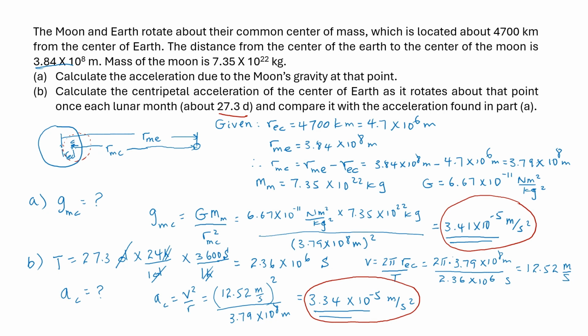So the centripetal acceleration of the Earth when orbiting the common center of the Earth and the Moon is equal to the gravitational acceleration due to the Moon at that common center. So strictly speaking, the Moon does not orbit the Earth. Instead, both the Moon and the Earth orbit their common center, which happens to be within the Earth at about 4.7 times 10 to the 6 meters from the center of the Earth.